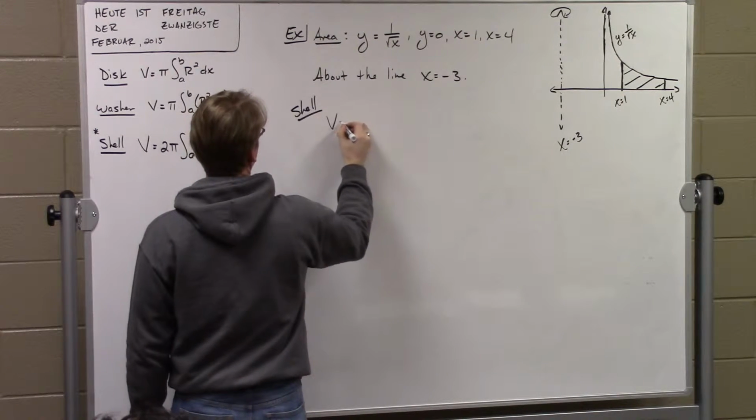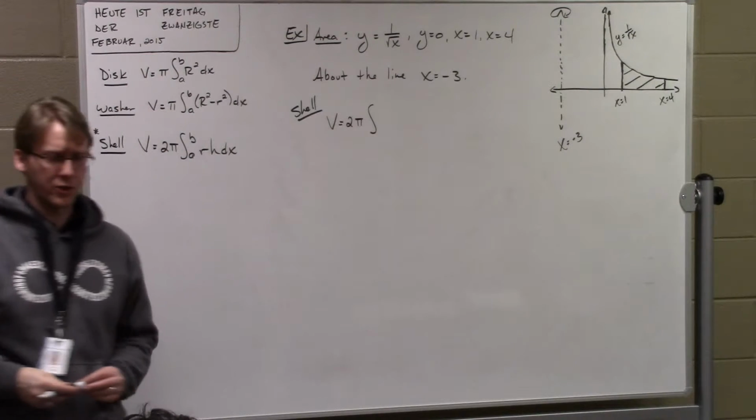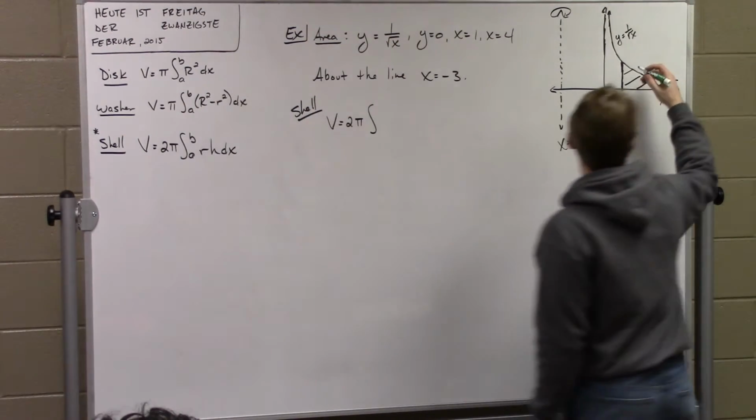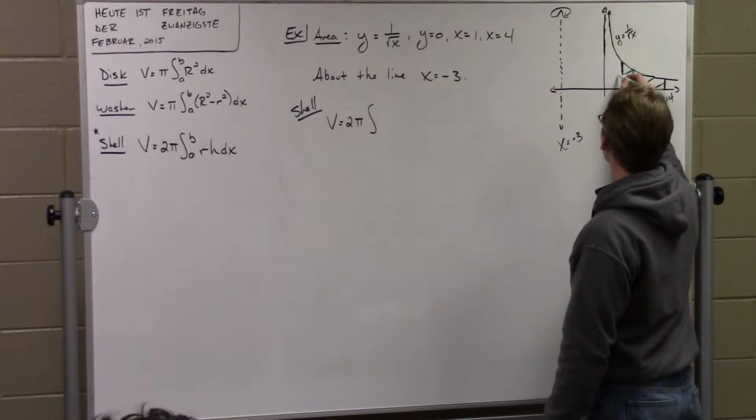which is going to be 2 pi r h. In this example, the h is easy. The h is our function value. And then the r is the one that's a little irritating.